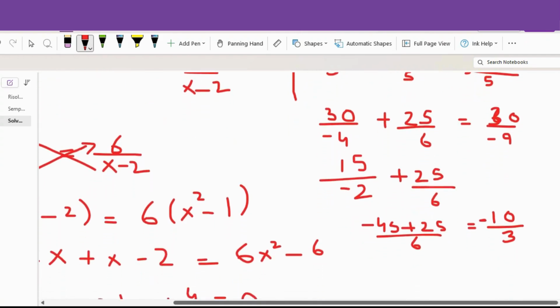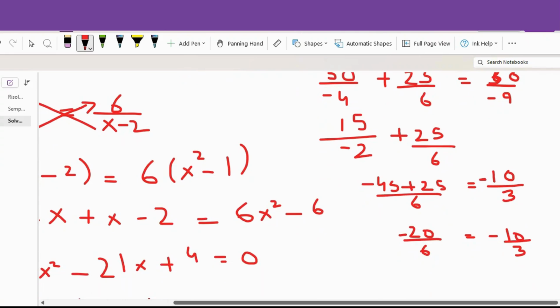When you solve it, it's going to become 20 out of 6, and when you simplify it, you also get minus 10 out of 3 like you got on the other side.